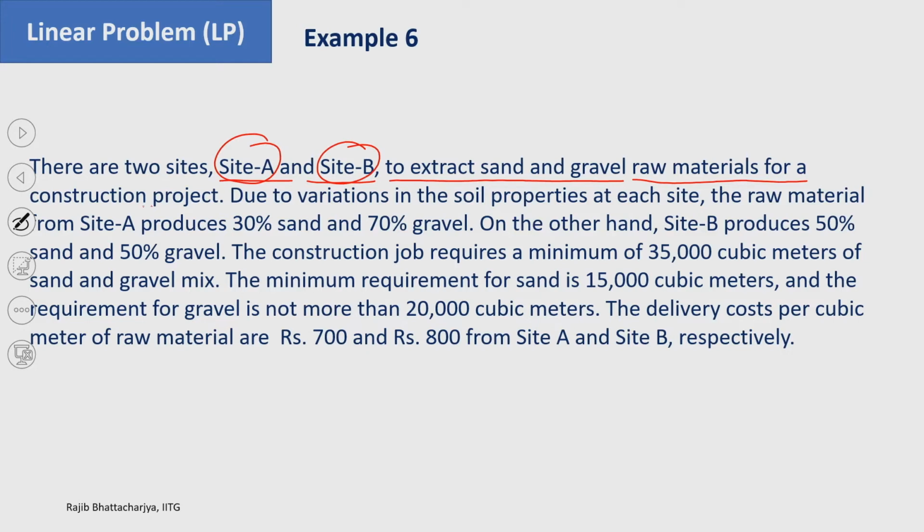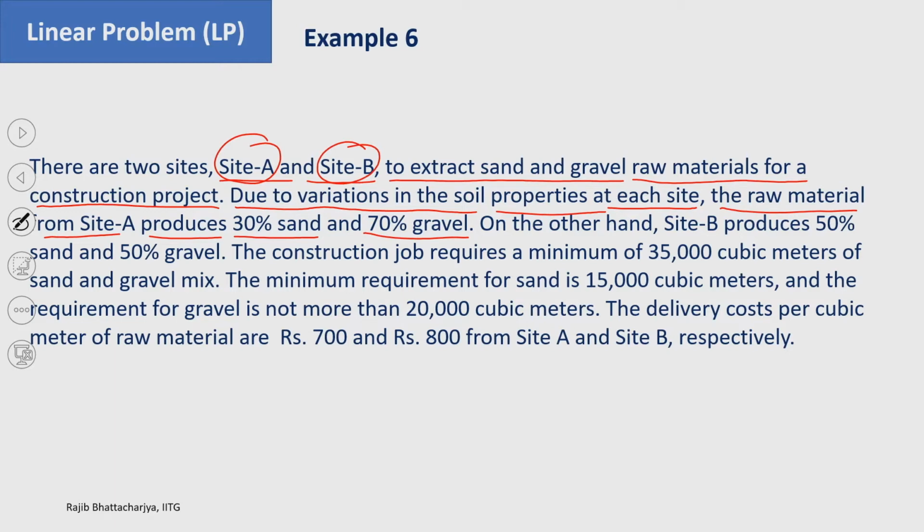Okay. So, I can take either from site A or from site B or from both site A and site B. Now, due to variation in soil properties at each site, the raw materials from site A produce 30% of sand and 70% gravel. Okay.